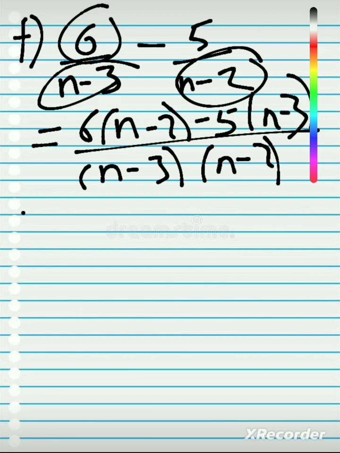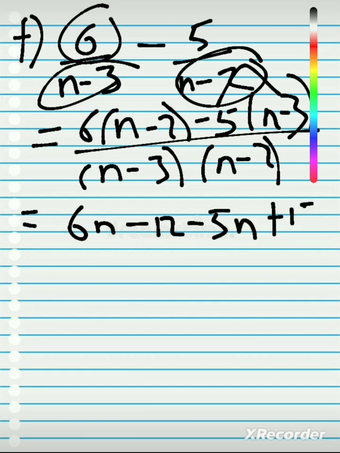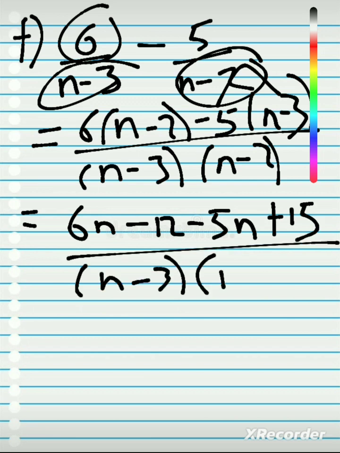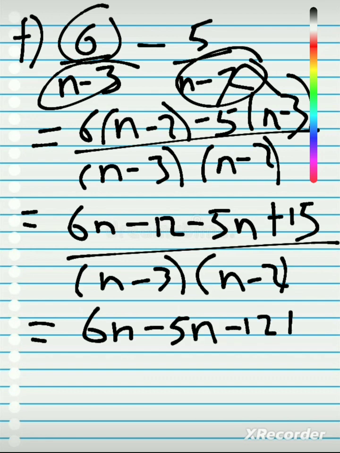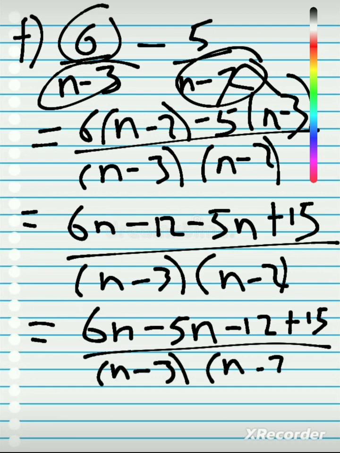Okay, so 6 times n, 6n. 6 times negative 2 is negative 12. Negative 5 times n is negative 5n. Negative 5 times negative 3 it's positive 15 over n minus 3, n minus 2. Okay, so like terms, 6n minus 5n minus 12 plus 15 over n minus 3, n minus 2.